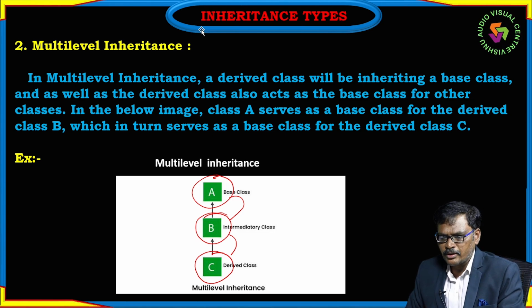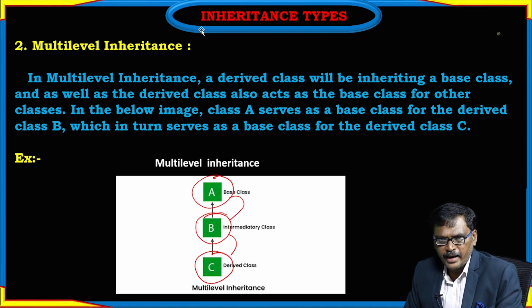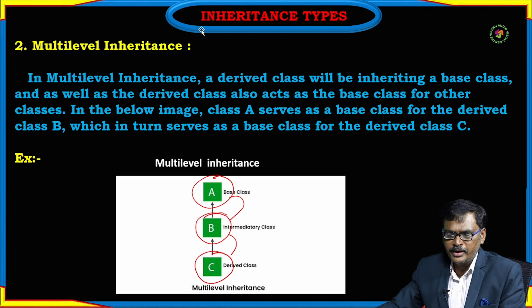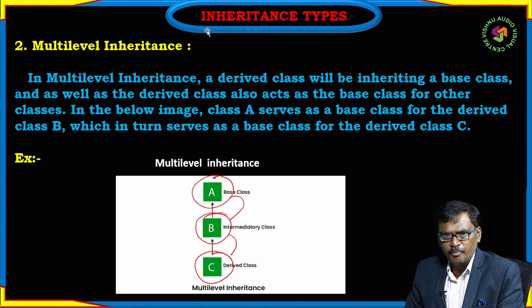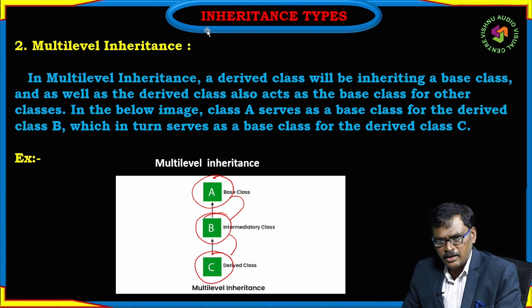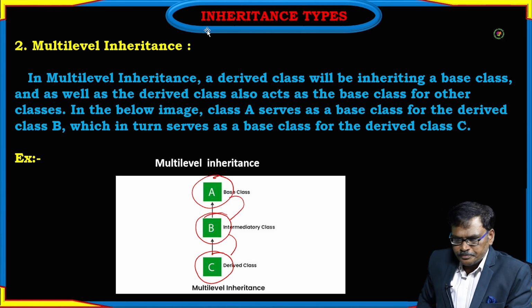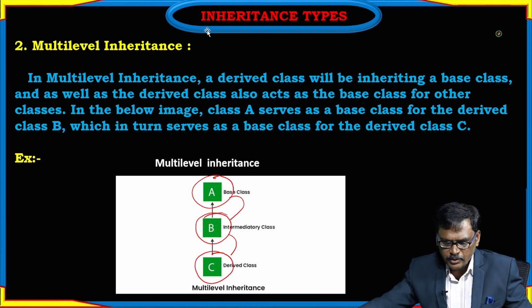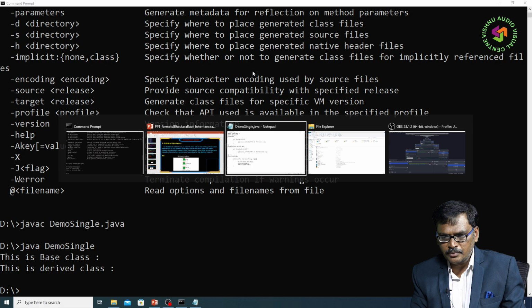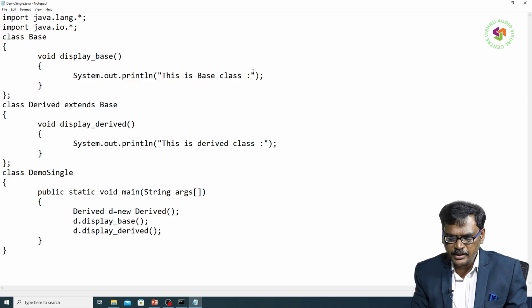So B, from the given example, may act as a base class as well as a derived class here. I will go with an example for multi-level inheritance. In this case three classes are required.